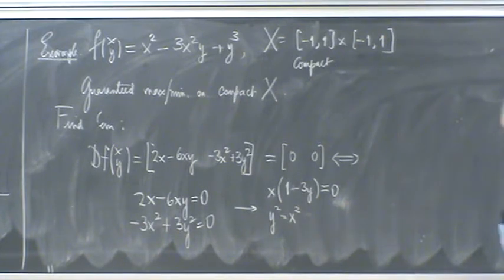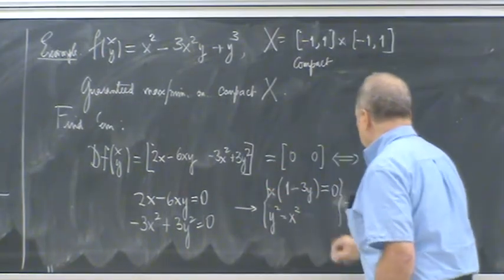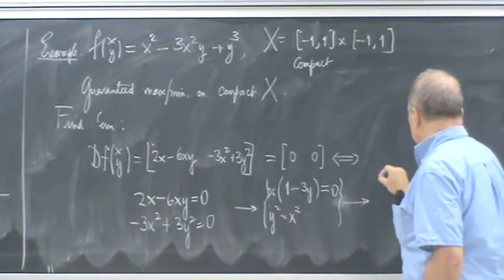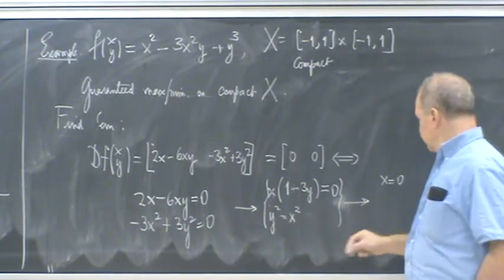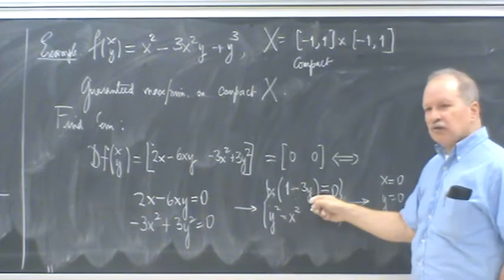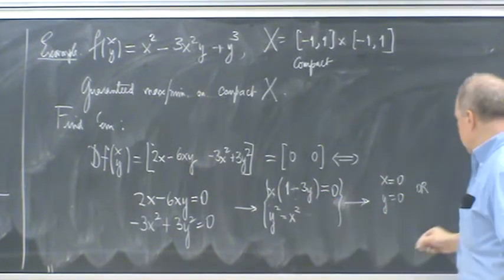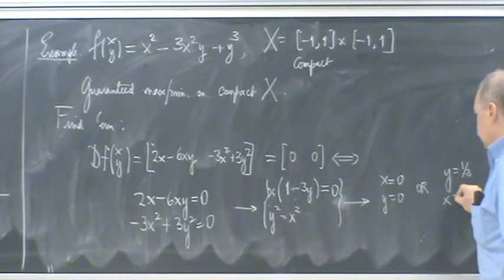Beats me. So now how do I solve these equations? Well, either x is 0, in which case y is 0, or y is 1/3, and x could be plus or minus 1/3.